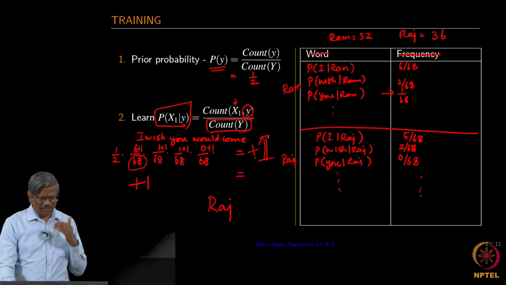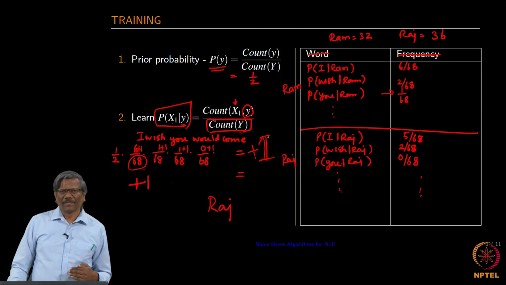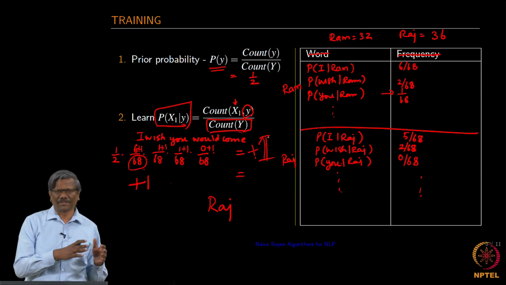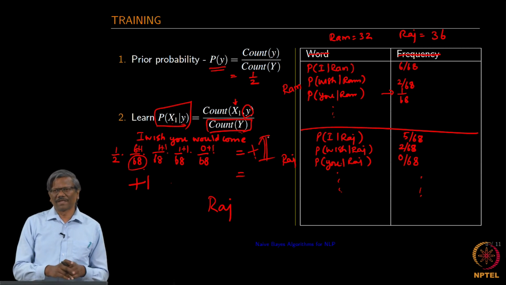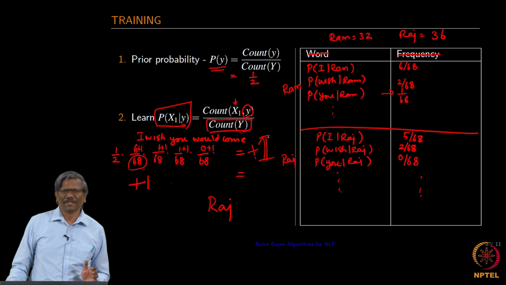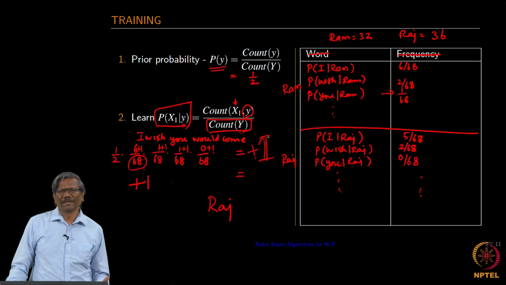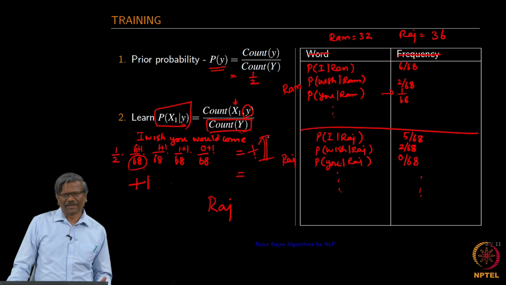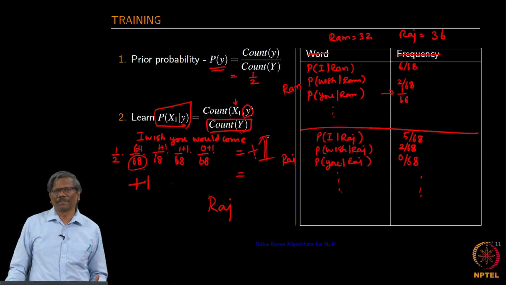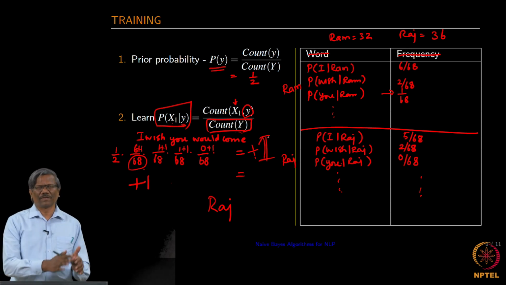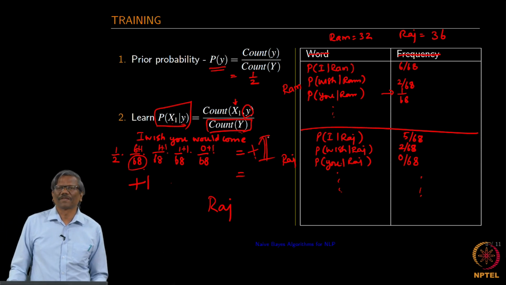So that's why we always keep looking at the content before we really extract parameters, whether it is the probability based approach or neural net based approach. It's very important for you to have a good handle on the data. Okay. And then it's also very important for you to find out what kind of parameters you want to use for any problem that you may encounter in natural language processing.